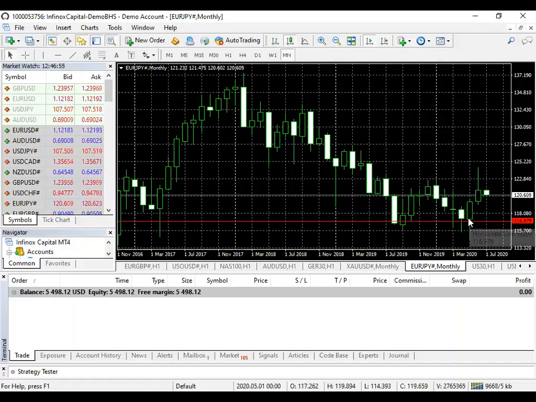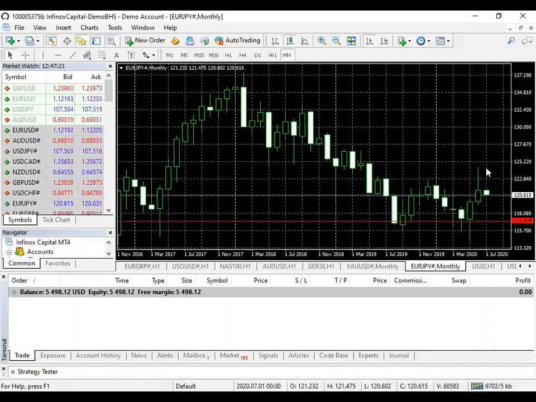And then it got to this point again, and then it came up, and now we are around that region again. So I can say that there is a resistance around here, though there is a support around here as well. It's like price is finding it hard to break this region down, and it's finding it difficult as well to break this region up.